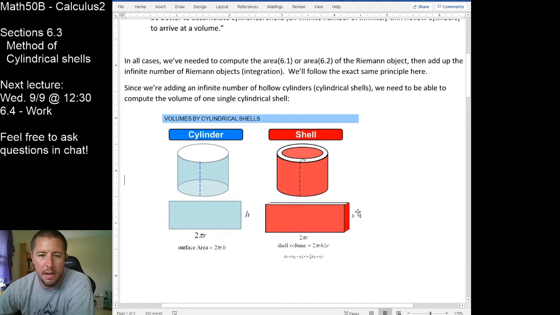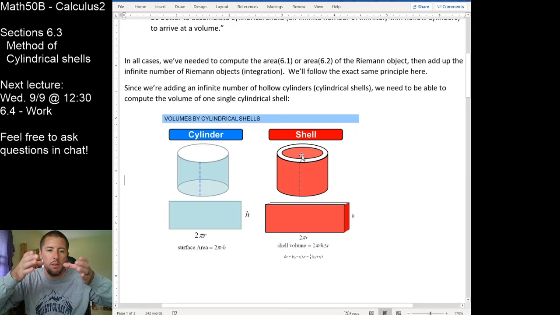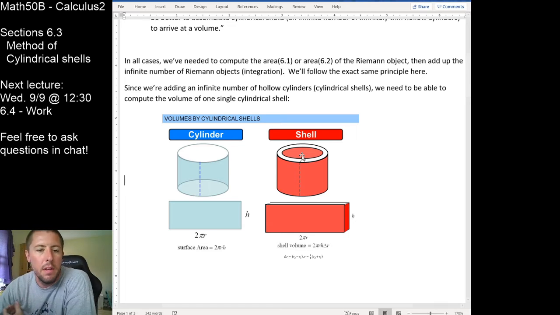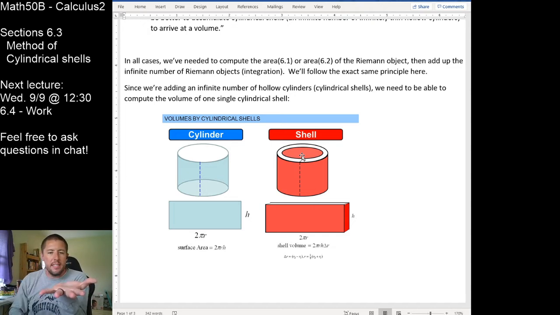This is just one of the many, many images that I saw, and I snagged it because it's not that crazy. All I want us to realize is that what we're going to be doing is taking an infinite number of these shells stacked together, contained within one another, somewhat similar to our discs and washers. With discs and washers, I had a disc that was flat and we accumulated them vertically.